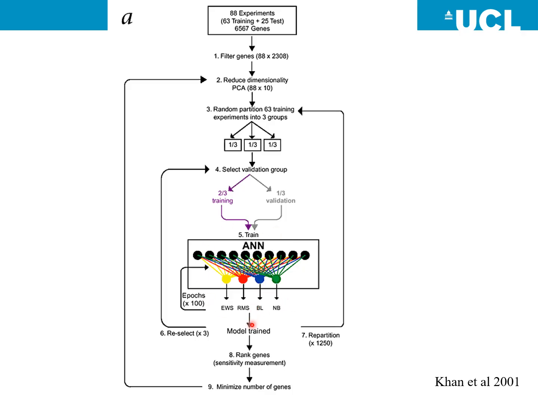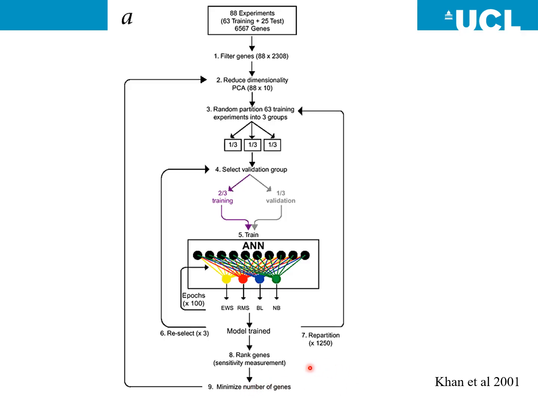And so they trained these models with threefold cross-validation. They did repartitioning to see how stable it was, and then they were ranking genes for sensitivity, minimizing the number of genes for the dimensionality reduction.